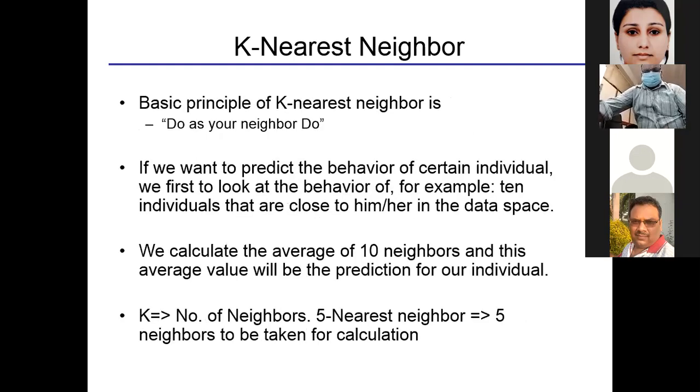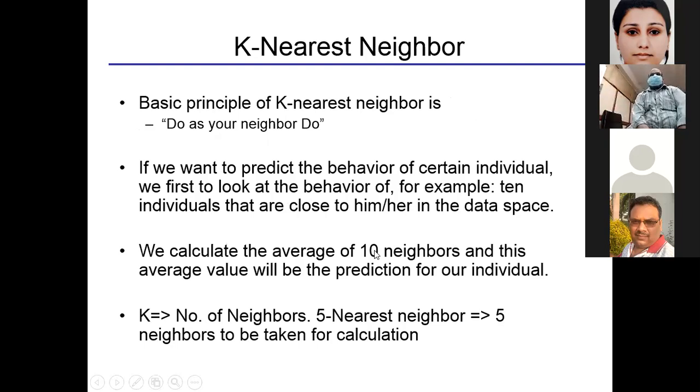The basic principle is: do as your neighbor does. The class label of the neighboring points will be similar for you also. Suppose you are calculating the 10 nearest neighbors, so the value is 10.